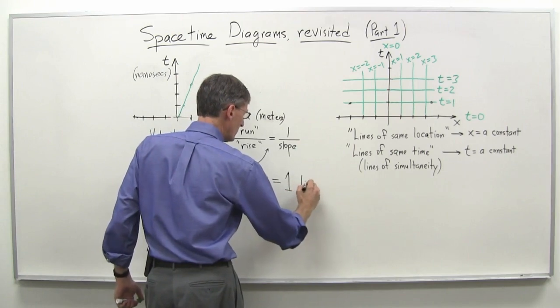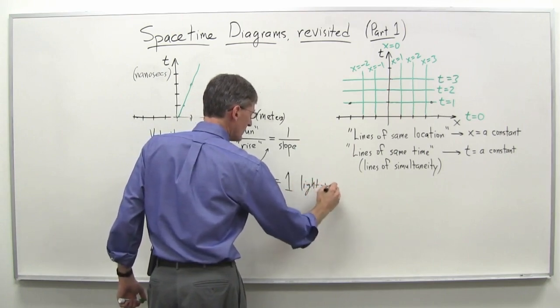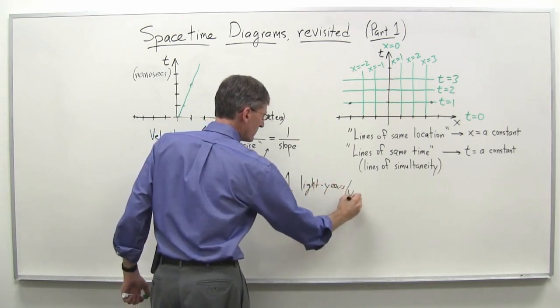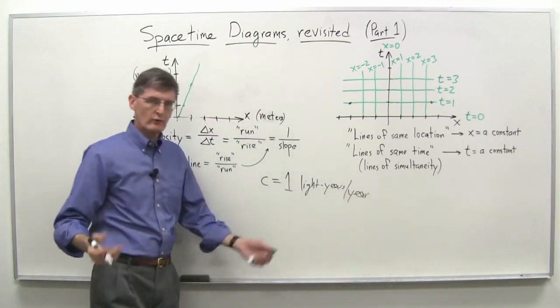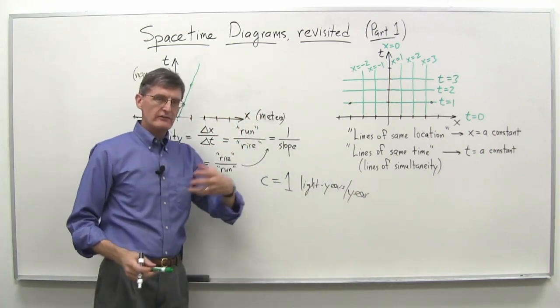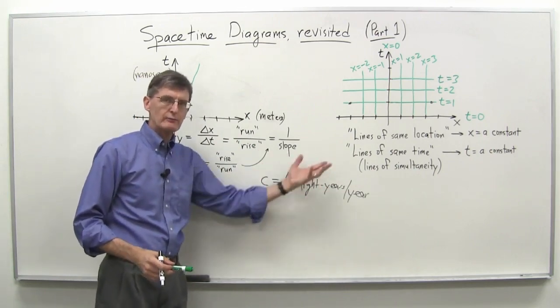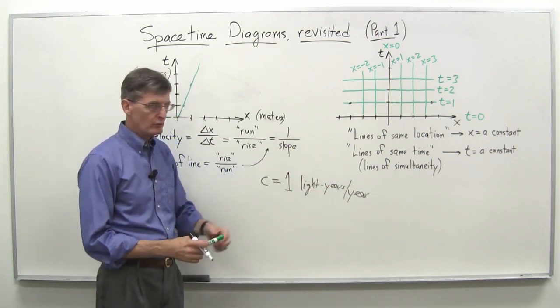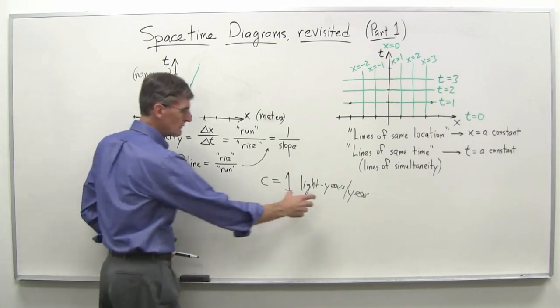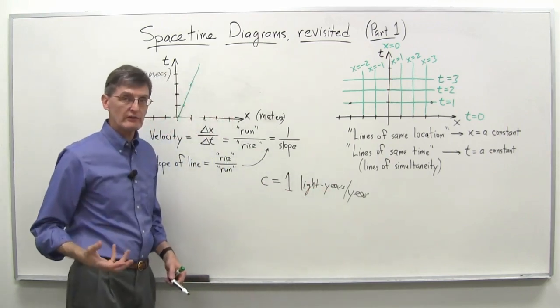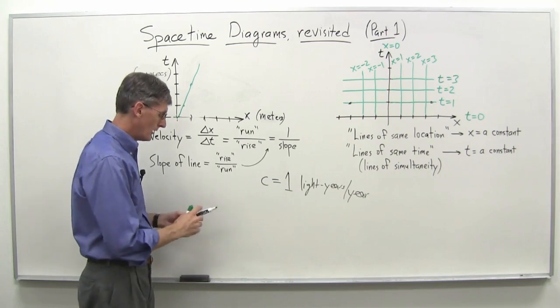So it's 1 light year per year, because by definition, of course, a light year is the distance light travels in 1 year, or light seconds per second, or light days per day, or light months per month, or whatever unit you want to use there. Just remember, light years is a unit of distance, not a unit of time.